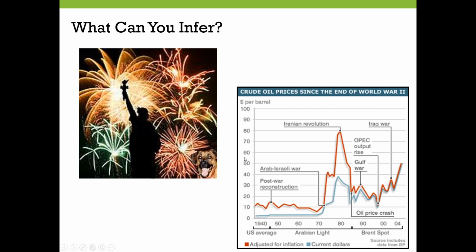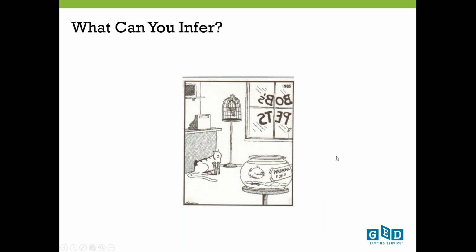All right, let's look at something else. What can you infer from the comic? And Mary Frances, yes, the cat tried to eat the fish.